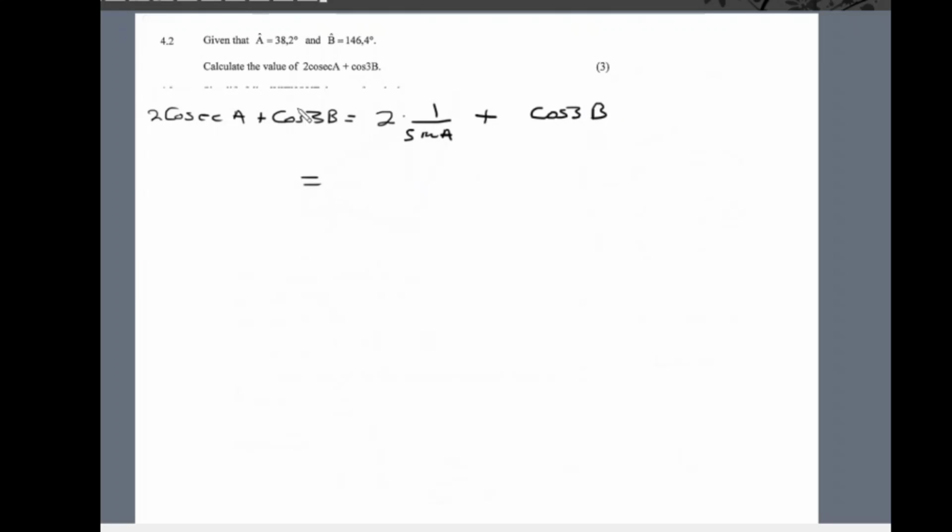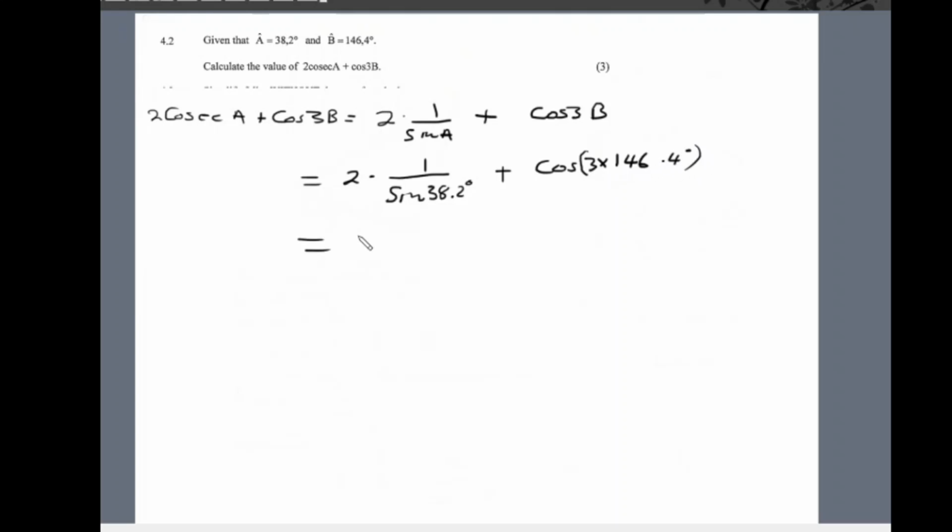Now, to substitute, you will have 2 times 1 over sine of 38.2, because angle A is 38.2 degrees, plus cos 3B. So cos 3 times B, where B is 146.4 degrees, right?